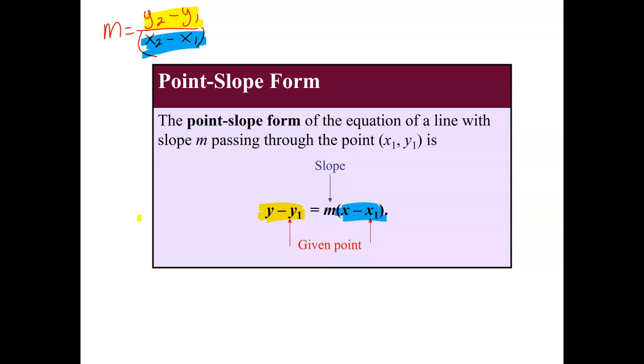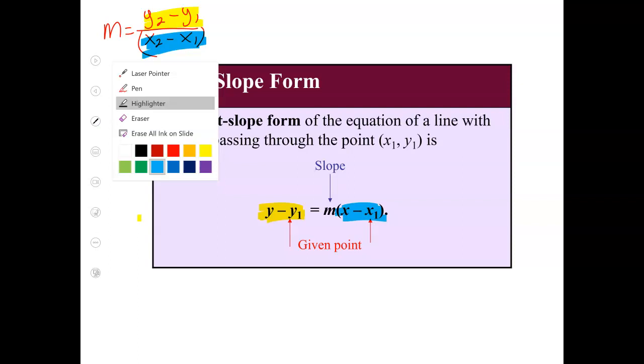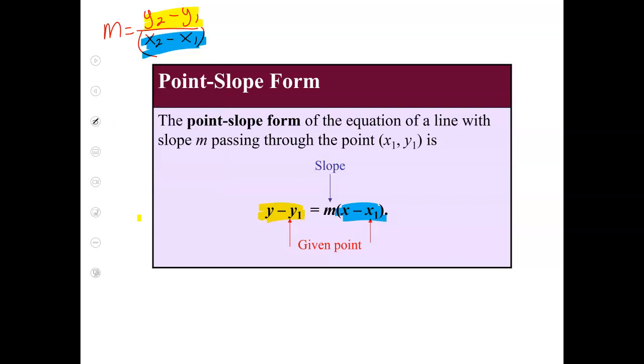Okay? Point-slope form, we don't really use it for graphing. It's more of a tool for helping us write linear equations when we don't have the y-intercept. Okay? So either we're given the slope and some point on that line that's not the y-intercept, or we're given 2 points on that line, neither of which are the y-intercept.